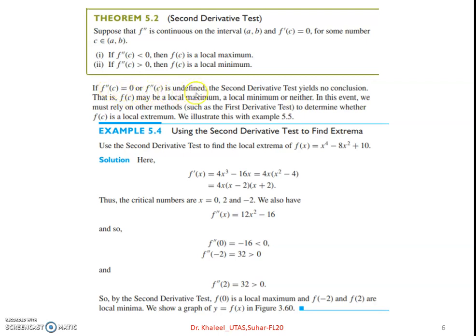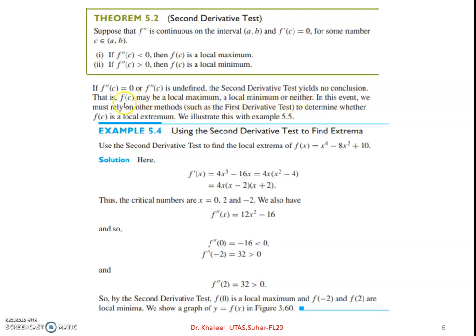In these two cases, the second derivative test gives no conclusion, that means no result, that means this test fails. So when it fails, you cannot say that f(c) is a local maximum or local minimum.